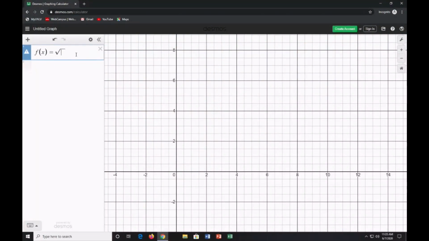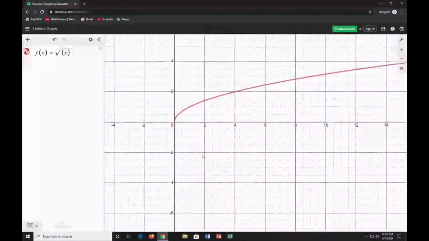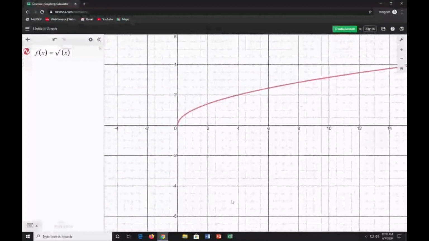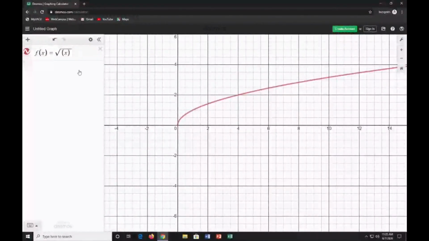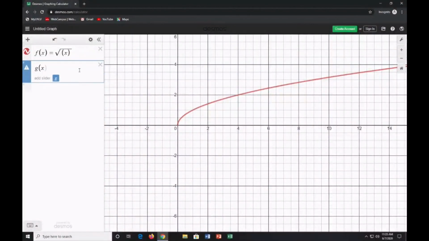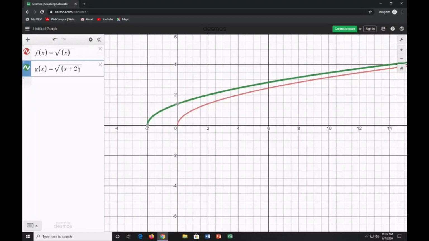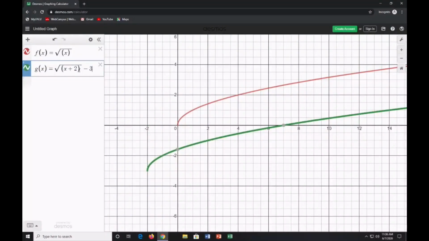Is this the square root function? Okay, right? That's the basic square root function. And then for number 11, we had to transform it using another function, g of x equals square root of x plus 2, and then on the outside, we have minus 3.